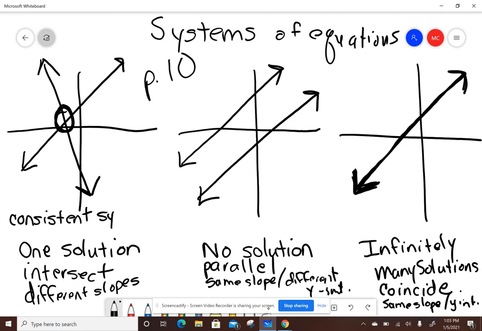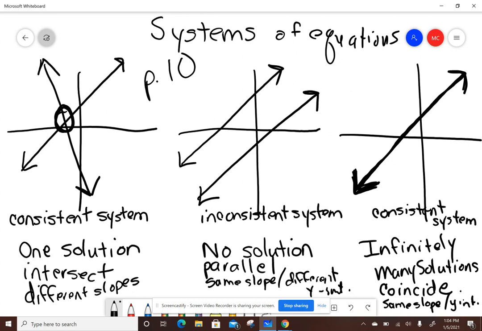This has no solution, so it's an inconsistent system. And this has infinitely many, so we call it a consistent system. So if you have at least one solution, it's called consistent. If it's inconsistent, end of story, no other vocabulary. But when you have a consistent system, it can either be consistent and independent or consistent and dependent.